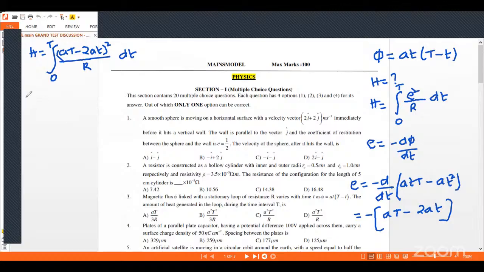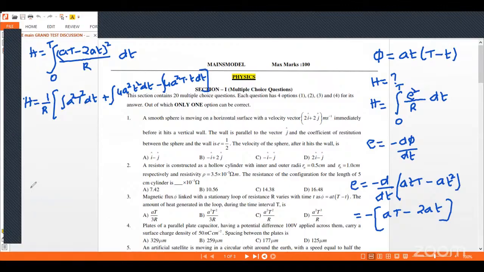So H equals 1 by R times integral A square T square dt plus integral 4A square t square dt minus 4A square capital T into t dt, between the values from 0 to capital T.